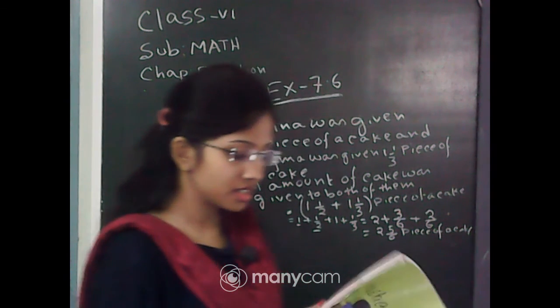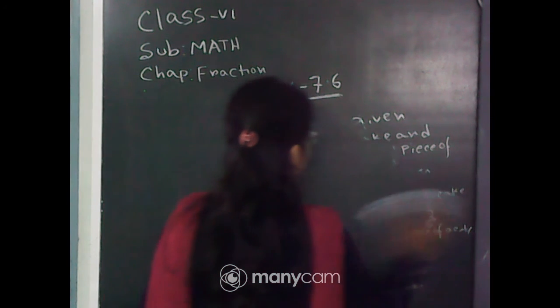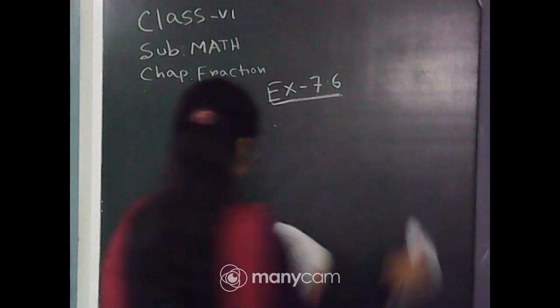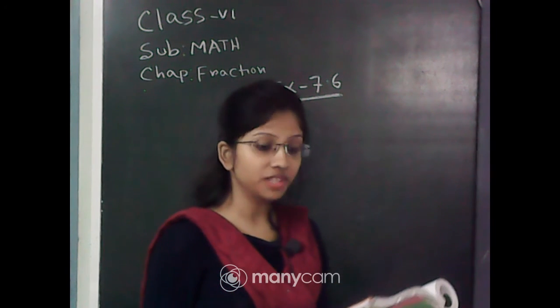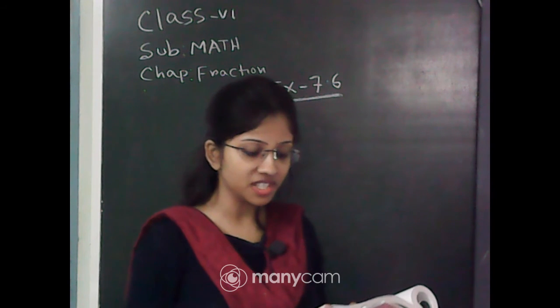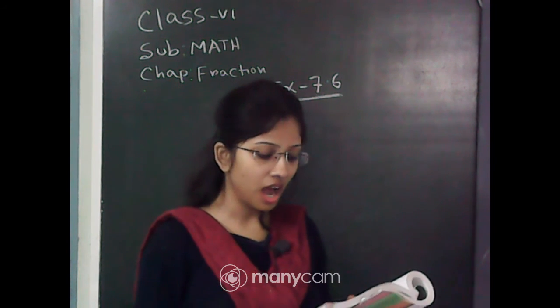Next, question number 6. A piece of wire 7/8 meter long broke into 2 pieces. One piece was 1/4 meter long. How long is the other piece?